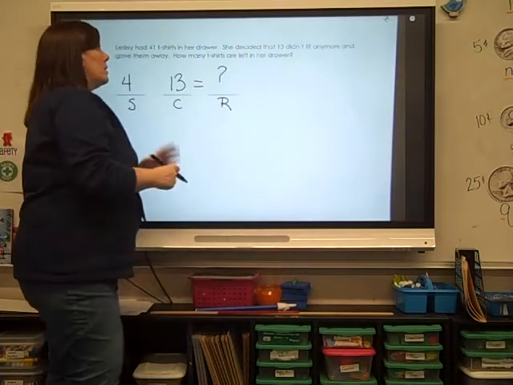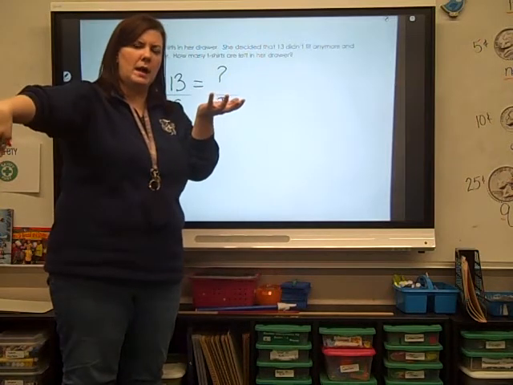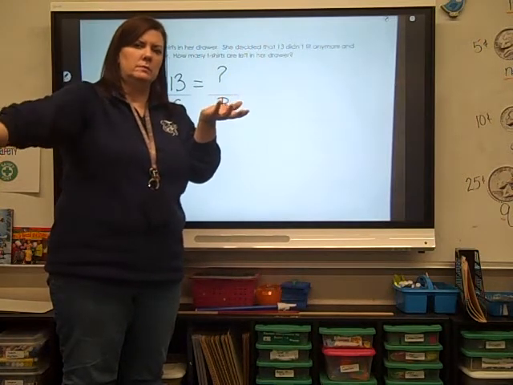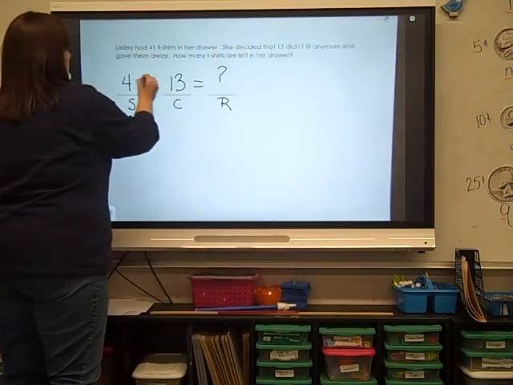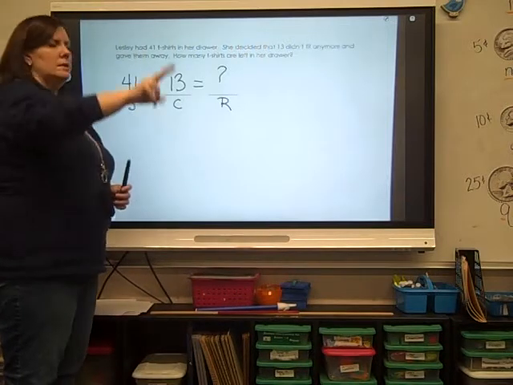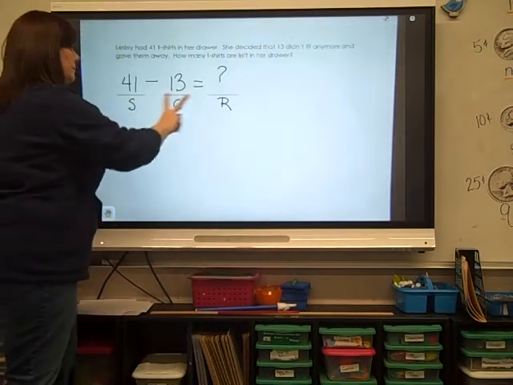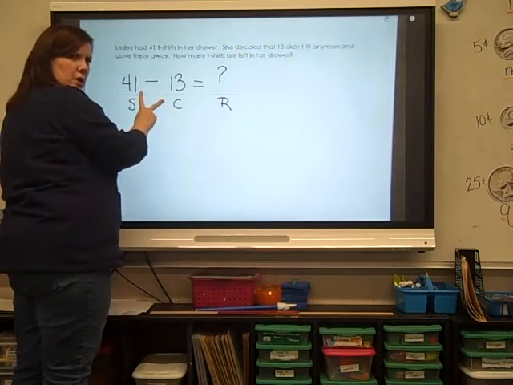All right, so she has 41, 13 didn't fit, and she gave them away. So what are we doing? All right. Let's use our two-finger strategy. Put it on both sides of the subtraction sign. Do I have a number on both sides of my subtraction?